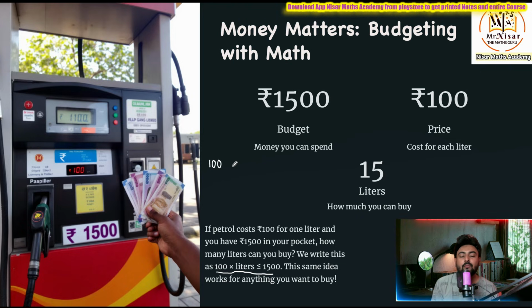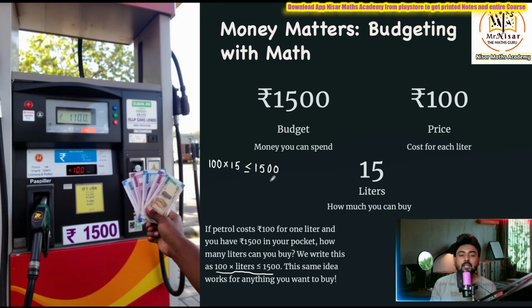If I am going to buy 15 liters, it will be 1500, and this value should always be less than. Now you can buy 14 liters, you can buy 13 liters, but you have a budget of 1500, so the condition will be less than or equal to 1500.